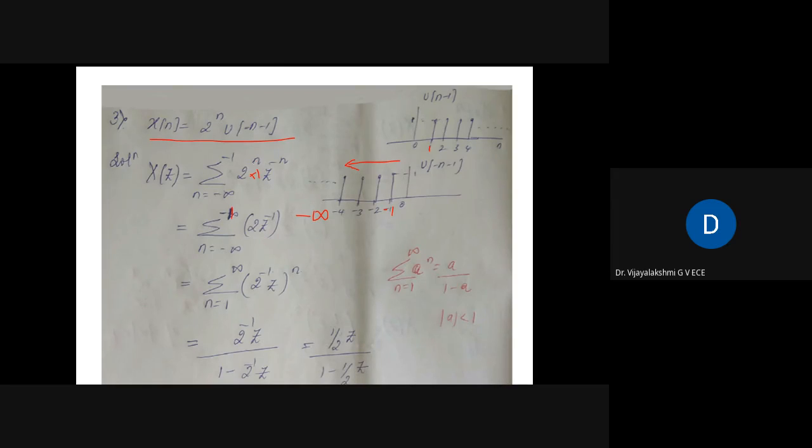Now they have the common powers, so I've combined: 2 into z power minus 1 whole raised to n. Now in this index, I have the negative sign, minus infinity to minus 1.